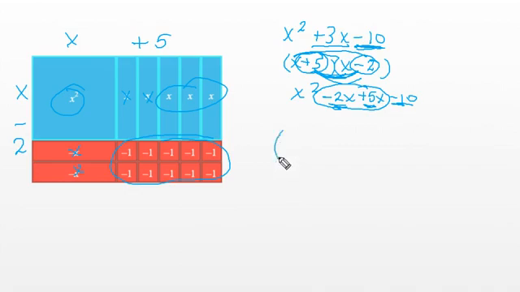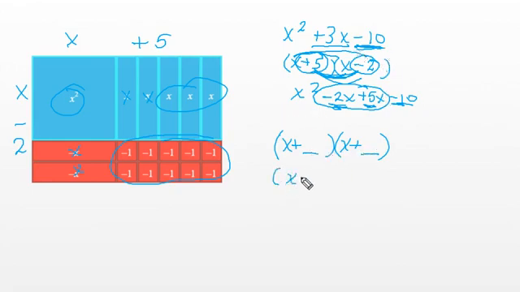And so when we're thinking about creating our binomial factors, we're starting with our x's in order to get that x squared. If I am adding a number in each of these factors, then I'm going to end up with a positive second term. I'm also going to end up with a positive third term, because I'll be multiplying 2 positive numbers to get that.